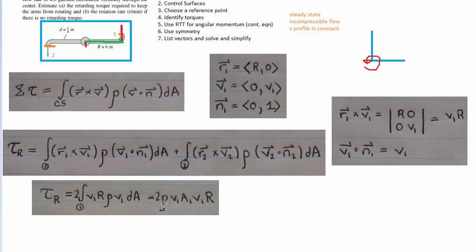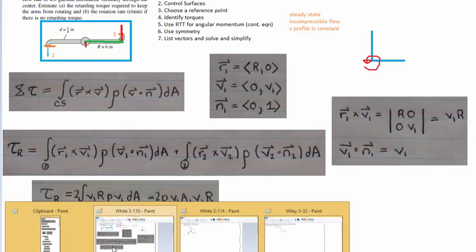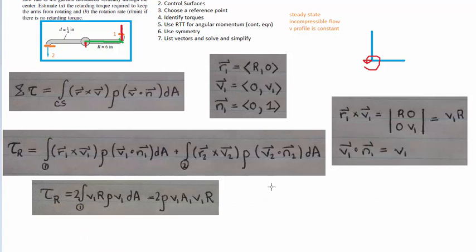Well, remember when we were doing linear momentum, we like to write things in the form of rho VAV. The reason being VA is your Q, your volumetric flow, and then rho times Q is your mass flow. I'm keeping it in that form, and then you have the radius arm hanging out over here. Okay, so the thing we need to be a little bit careful about is, what is this Q really going to be?